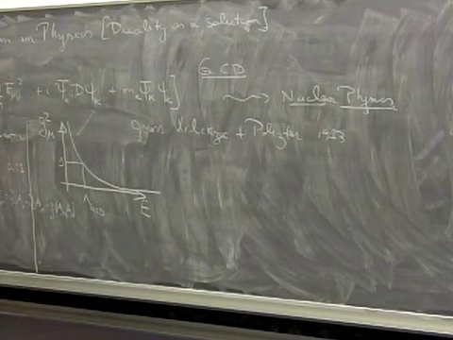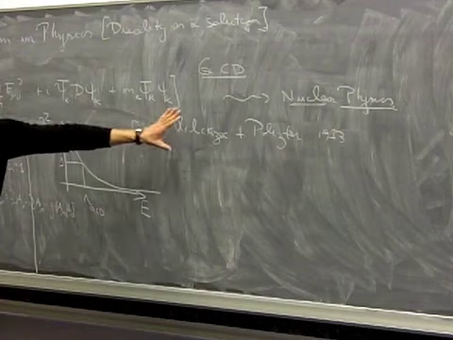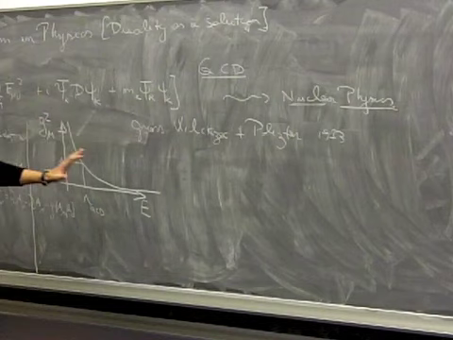There are some things that I'm not saying super precisely, but this is the main idea. This is work that merited a Nobel Prize in 2004, so it is a very important piece of physics.